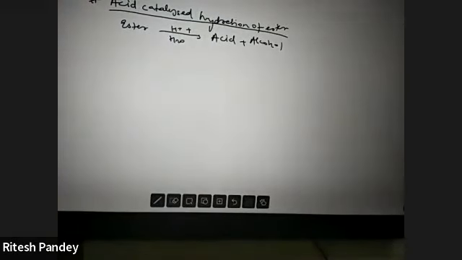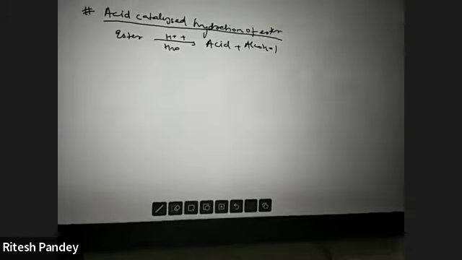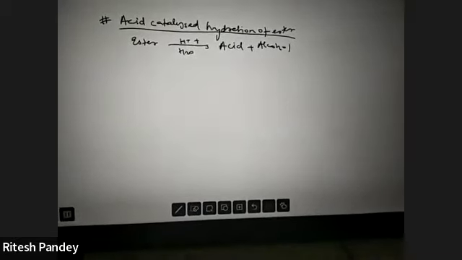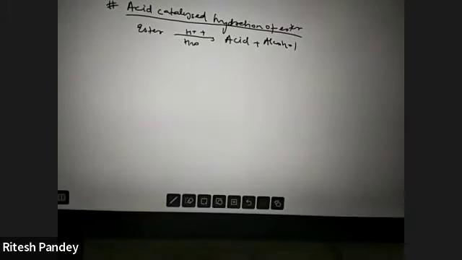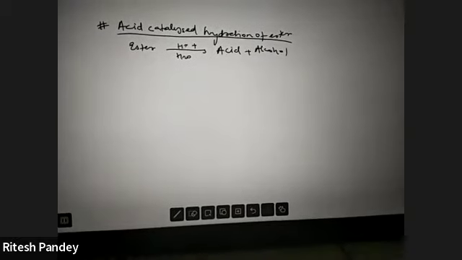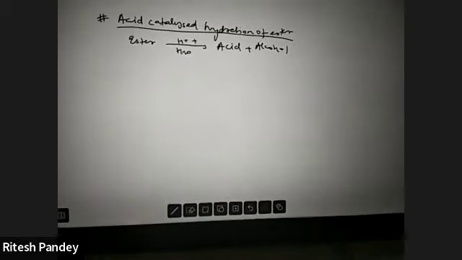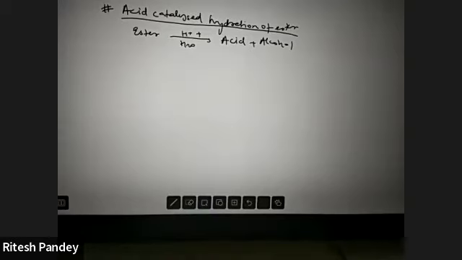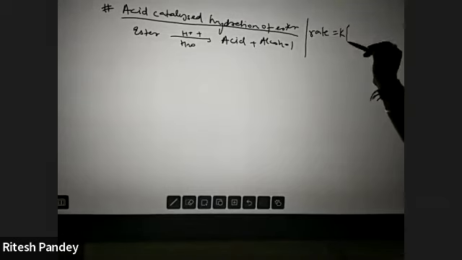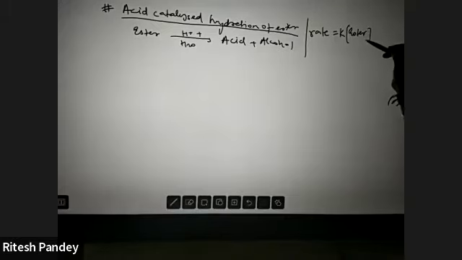It's taken as a pseudo order reaction where naturally you'll see the rate of the reaction will be equal to K concentration of ester only.